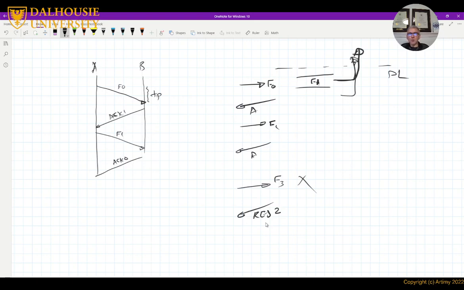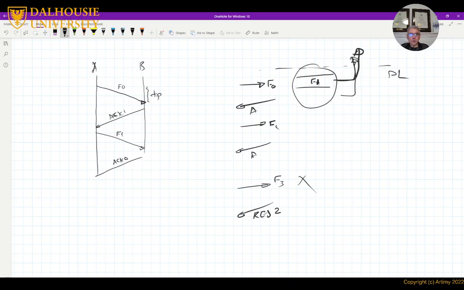This way I will keep my memory small. I need only one memory slot for the frames. That keeps my design simple. I don't need a lot of memory. I need just one memory slot for the frame.